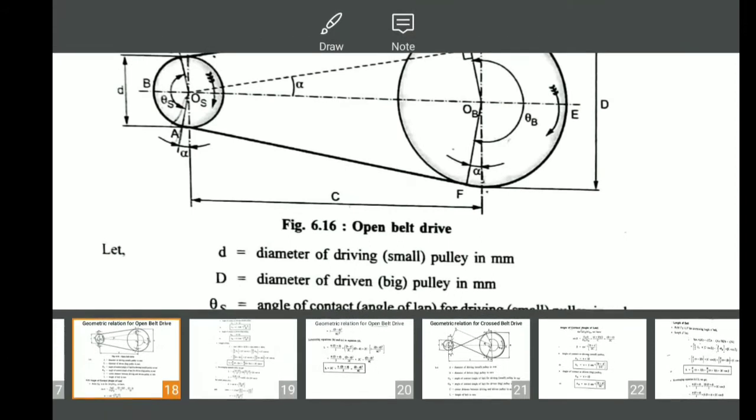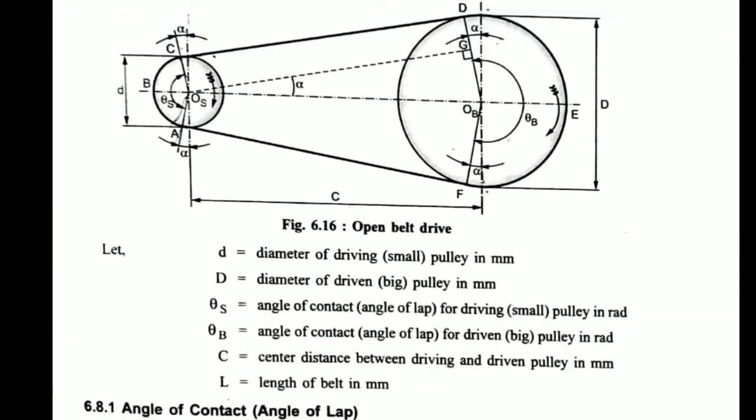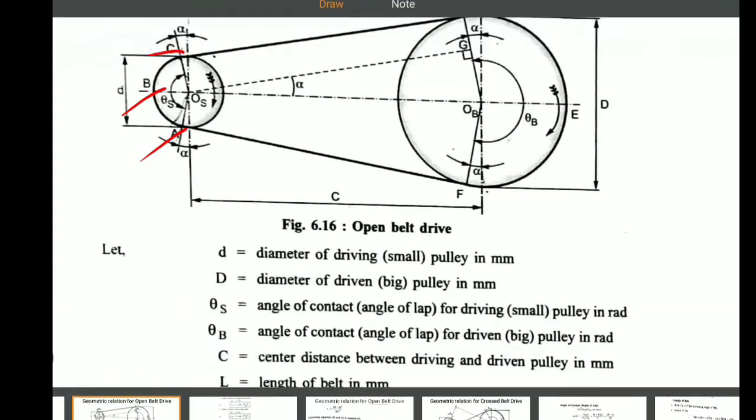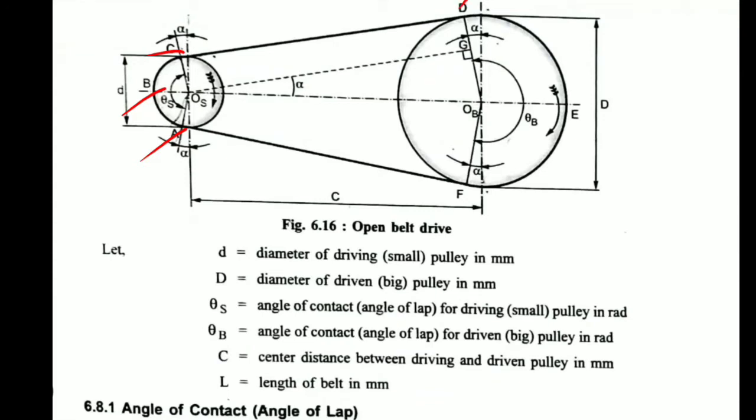I can say the arc ABC plus the distance CD plus arc DEF plus distance FA is equal to the length of belt. That's it. That equation we need to derive. So this is the derivation we are going to do for the open belt drive. Now one by one I'll explain.